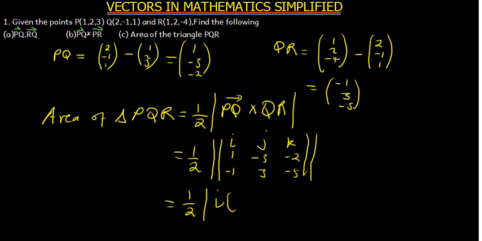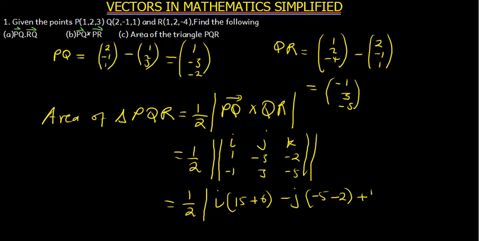That is negative 3 times negative 5, which is 15, minus 3 times negative 2, which is negative 6, so this becomes positive 6. And then we use negative j. If we cancel out the row and the column, we remain with these elements. So 1 times negative 5 is negative 5, minus negative 1 times negative 2, which is a positive 2.